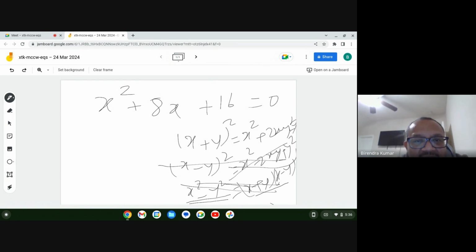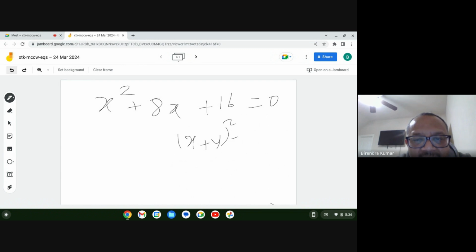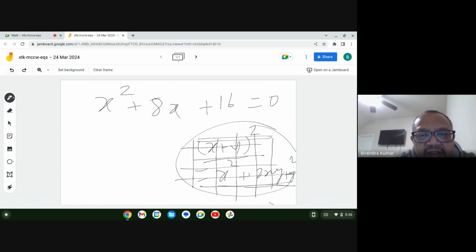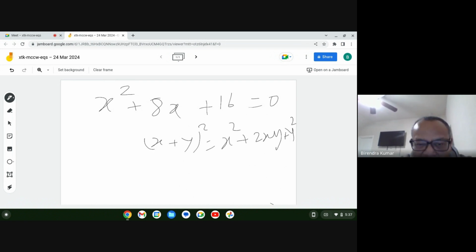So the only identity that I can possibly relate to is (x plus y) whole square, which as per the formula I know equals x square plus 2xy plus y square. So let me see if this equation is a form of (x plus y) whole square.